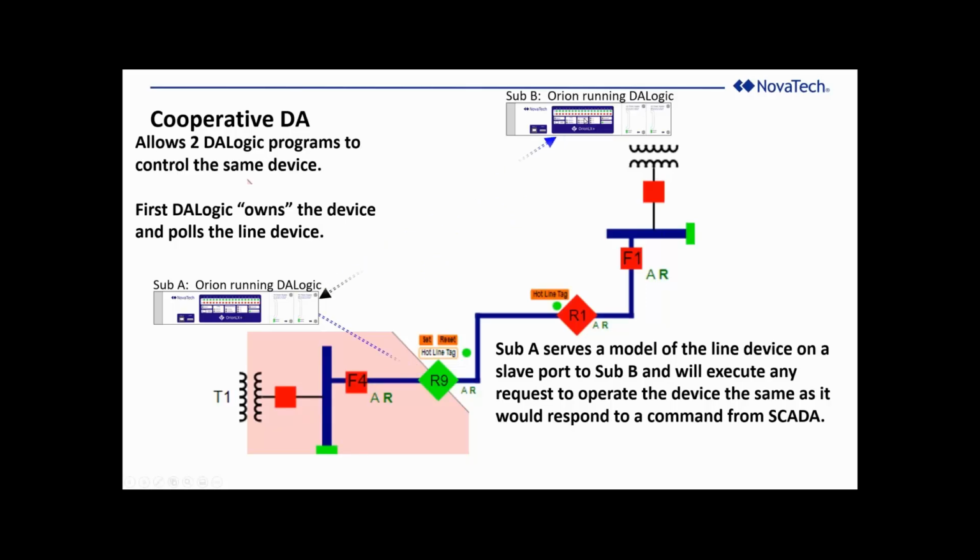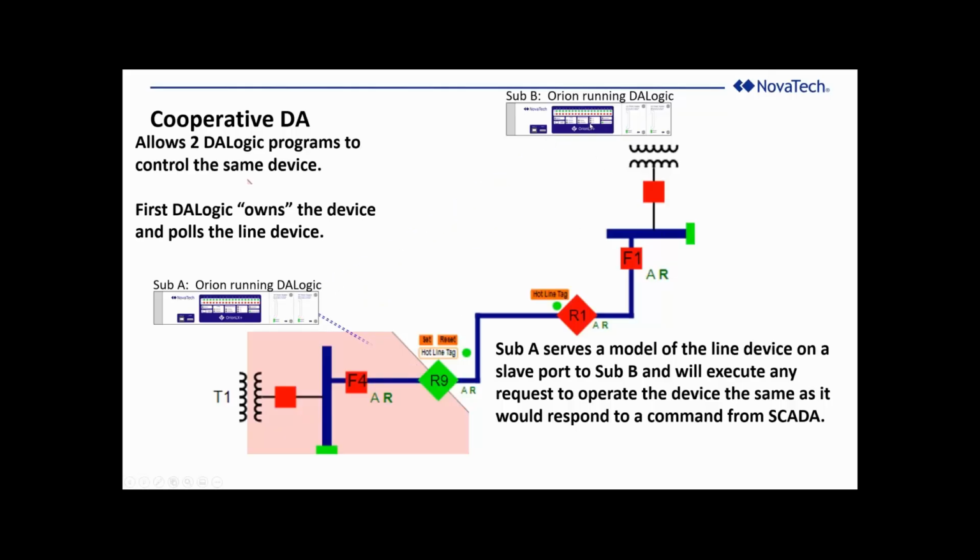So substation B is polling substation A saying, what's going on over at recloser 9? And whatever it knew of that recloser, it fed back to substation B so that both systems now were aware of what's going on.